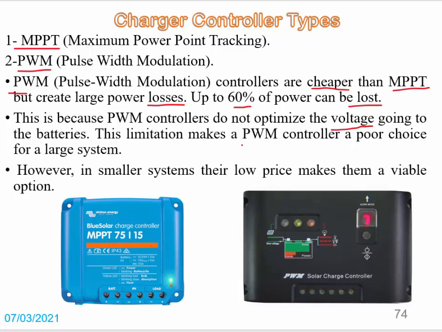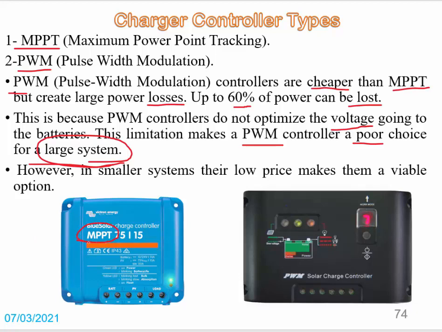This limitation makes a PWM controller a poor choice for large systems. So this is a very important point: the PWM cannot be used with large systems. If we have a large system, we use the second type, the MPPT.